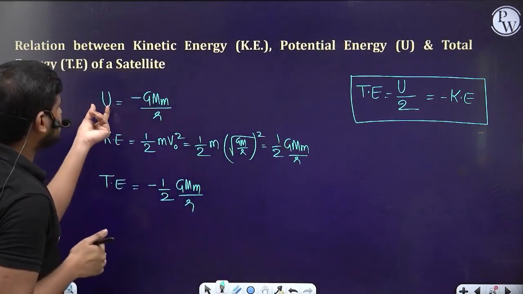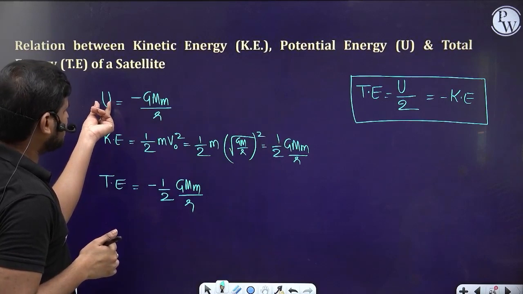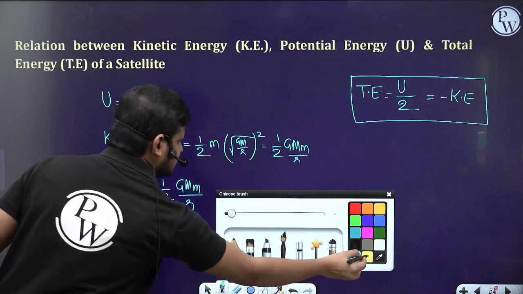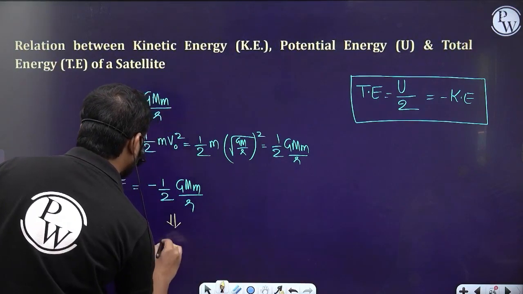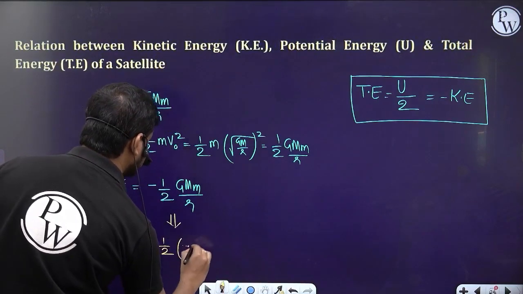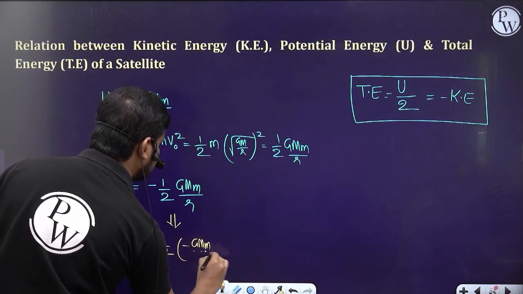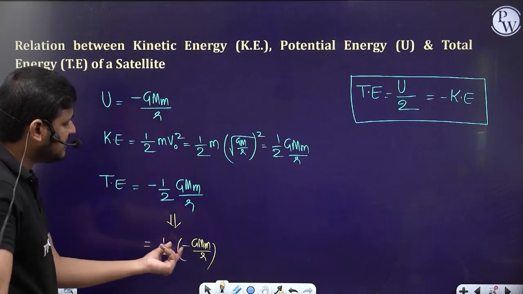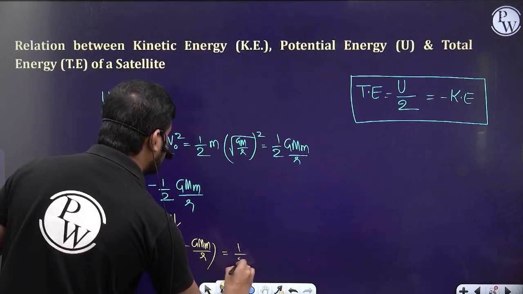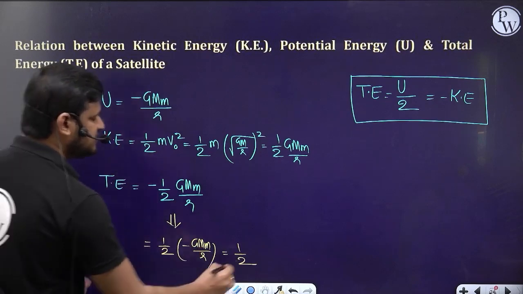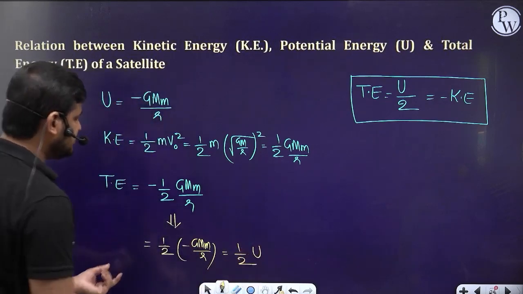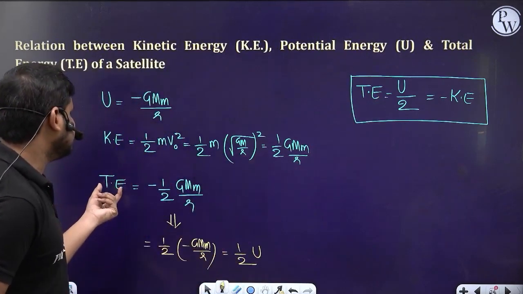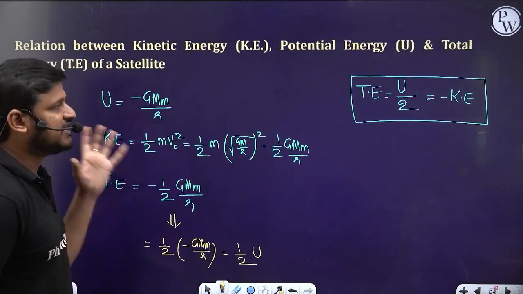From the total energy formula, I am just rearranging: half into minus GMm by r, which is nothing but the potential energy. That means the total energy is half of the potential energy, and the total energy is the negative of the kinetic energy.